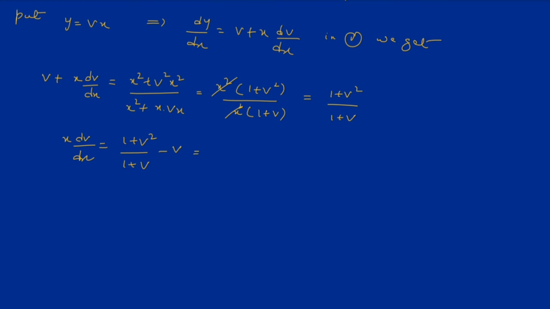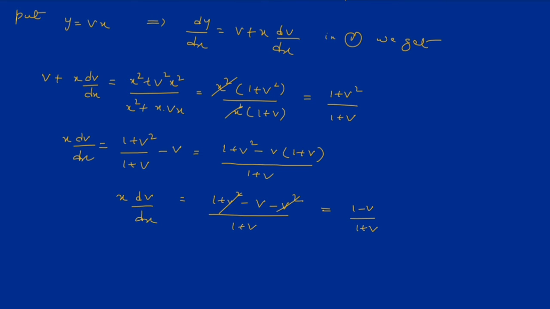So again, which is equals to, after cross multiply, what we get, 1 plus v square minus v is there already, next 1 plus v, it becomes 1 plus v, so which is equals to 1 plus v square minus v minus v square, v square minus v square gets cancelled, so the remaining term is 1 minus v upon 1 plus v, which is equals to x dv by dx.